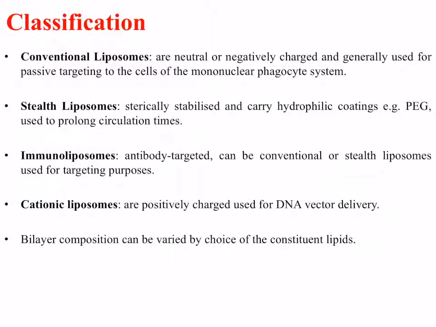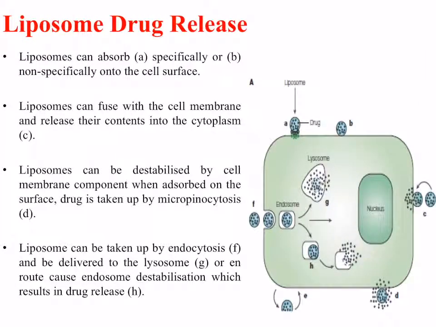So in terms of drug release, what actually happens? Well, the liposome can be absorbed either A specifically or B non-specifically onto the surface of the cell. And as with our cells, they're lipid bilayers, so they can fuse within the cell membrane and then release their contents into the cytoplasm, as is shown in the diagram.